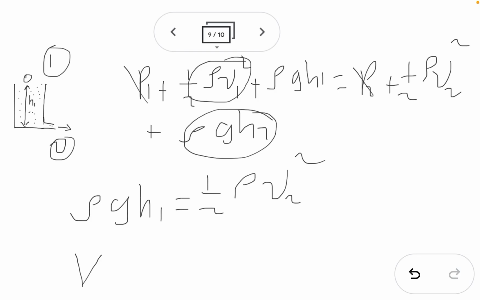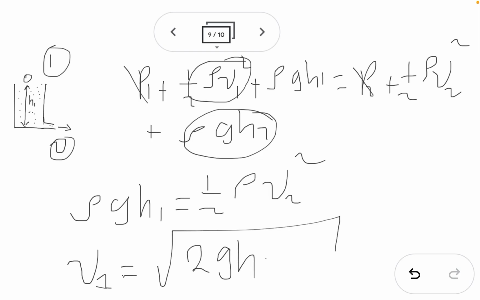We find an expression for V2, being equal to the square root of 2gh1. So that is how you find the speed of the fluid as it goes out of the smaller opening at the bottom of the tank.